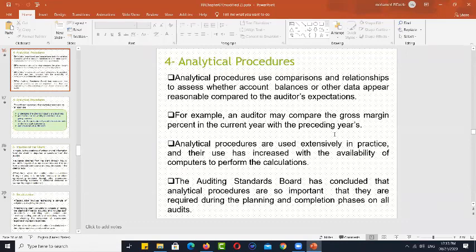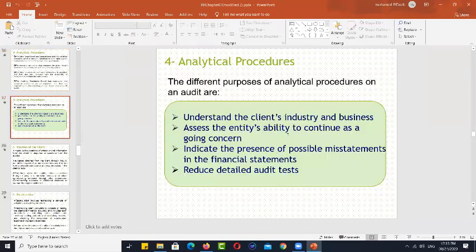Is it necessarily incorrect? No. It can be a correction of error. It can be a closing entry. But it attracted my attention. So mainly I am looking for an unusual item, something that is unusual. Maybe it will lead me to something, maybe it will not. So this is the analytical procedure.